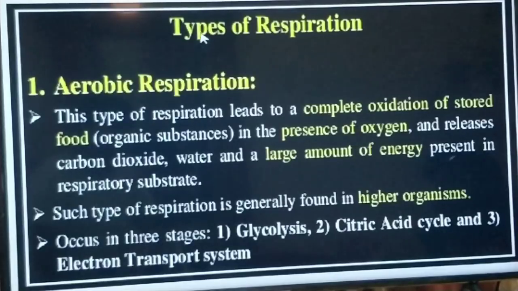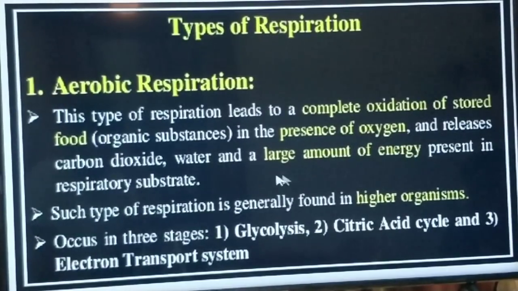Now let's discuss aerobic respiration. We have already studied earlier that cellular respiration has two types: aerobic respiration and anaerobic respiration. Aerobic respiration is a type of respiration which leads to a complete oxidation of stored food, that is organic substance, in the presence of oxygen, and releases carbon dioxide, water, and a large amount of energy present in respiratory substrates.